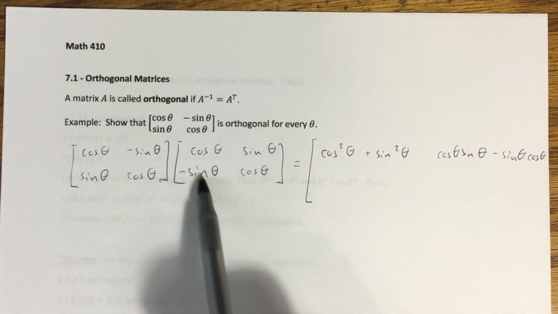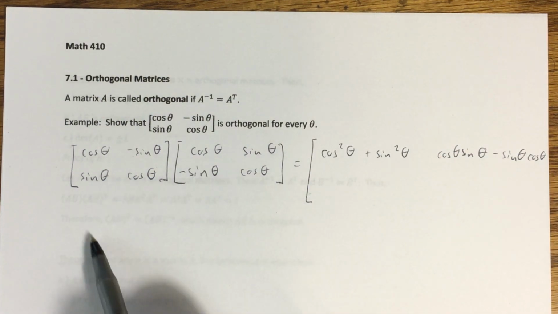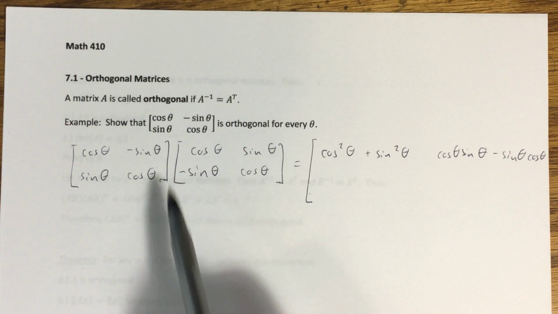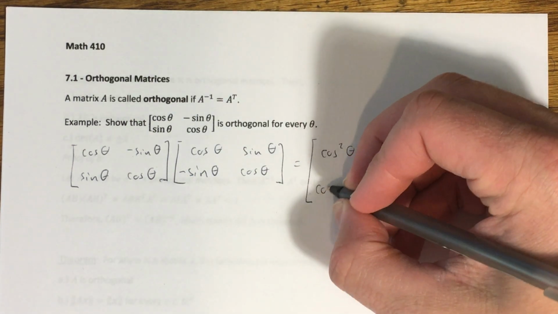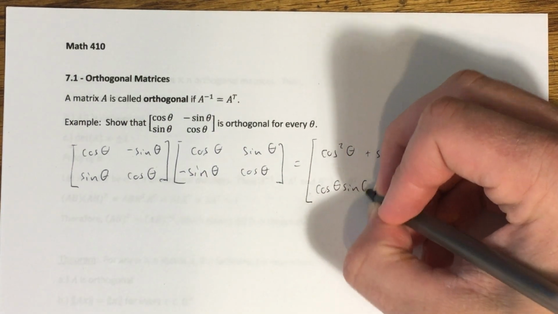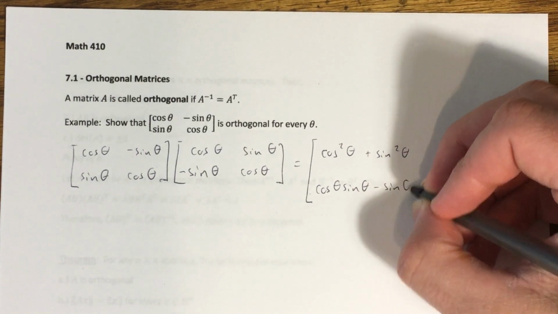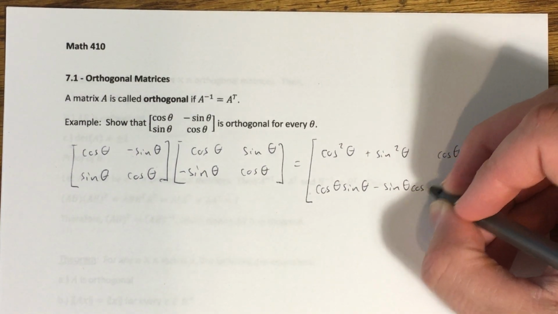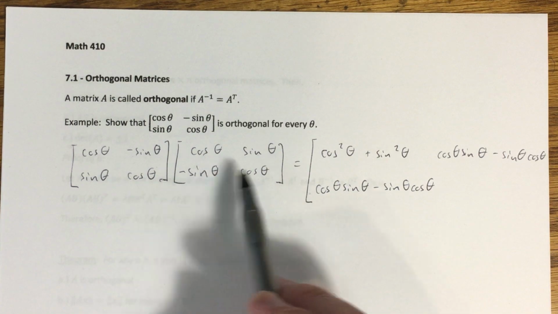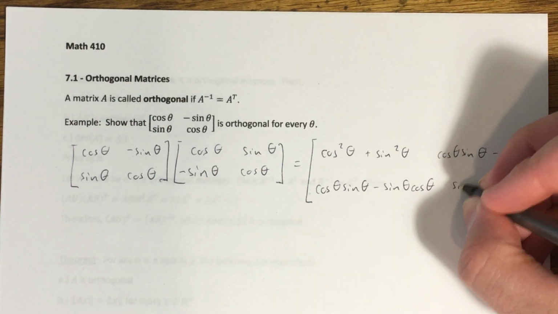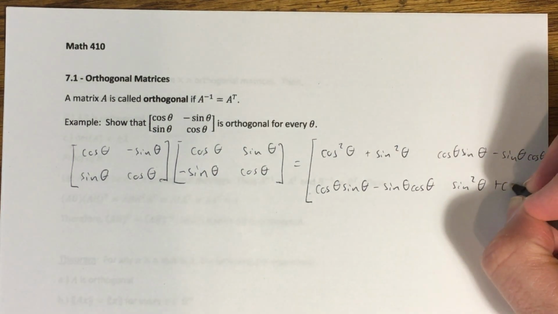Over here, if I multiply this column by this row, cosine sine minus cosine sine. So I'm going to have cosine of theta sine of theta minus sine of theta cosine of theta. And then here, sine times sine, cosine times cosine. I get sine squared plus cosine squared.